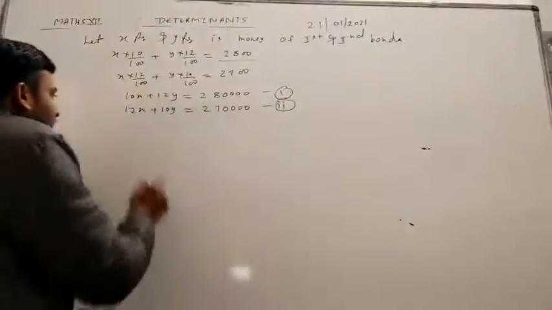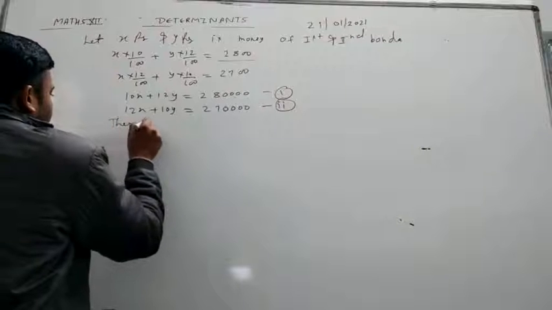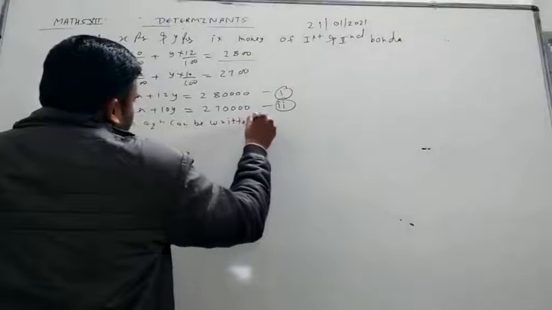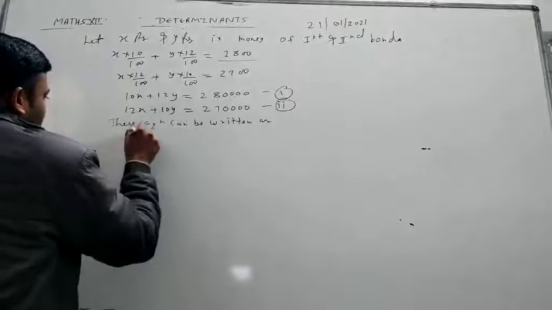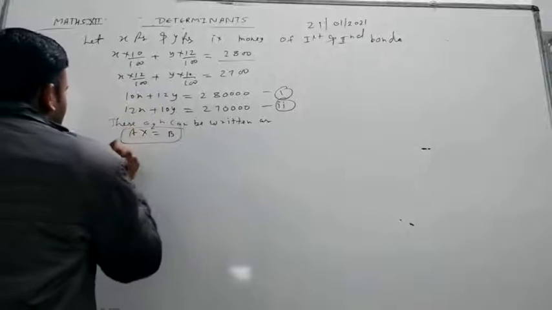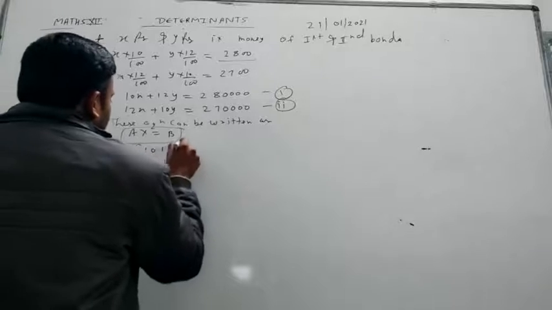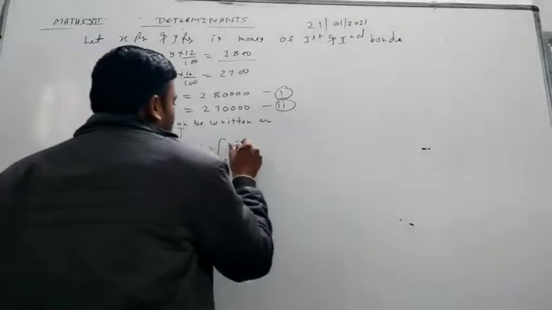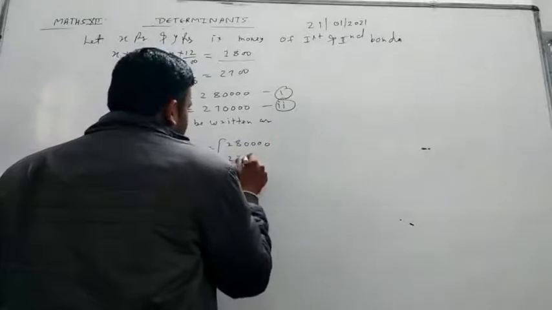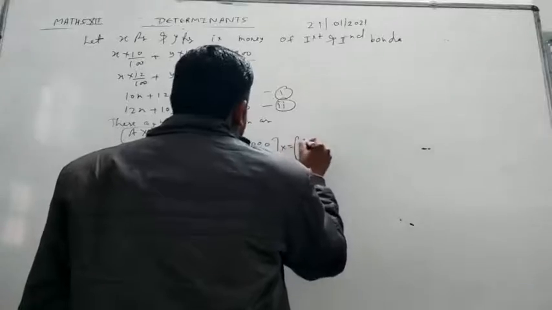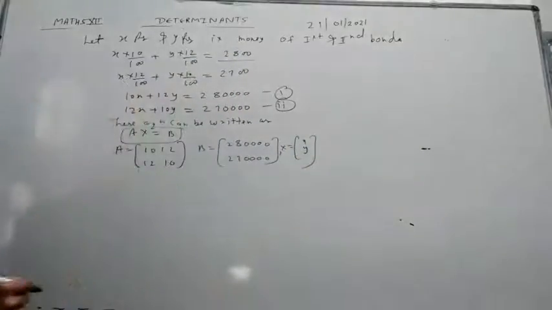So what we will do, we write these equations as Ax is equal to B, where A is 10, 12, 12, 10 and B is 28 and 27, and X is X, Y. Okay student, now for finding X, Y, we have to find the inverse.